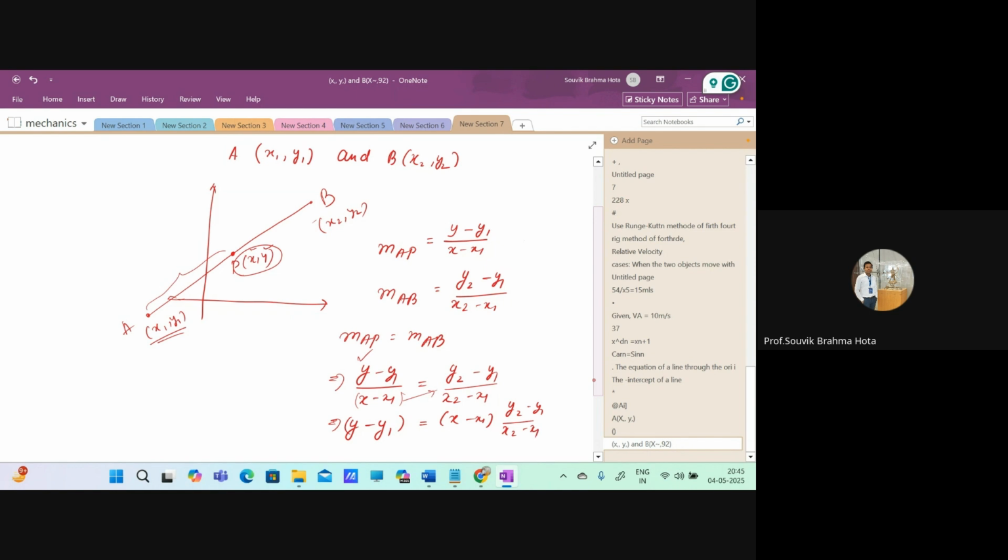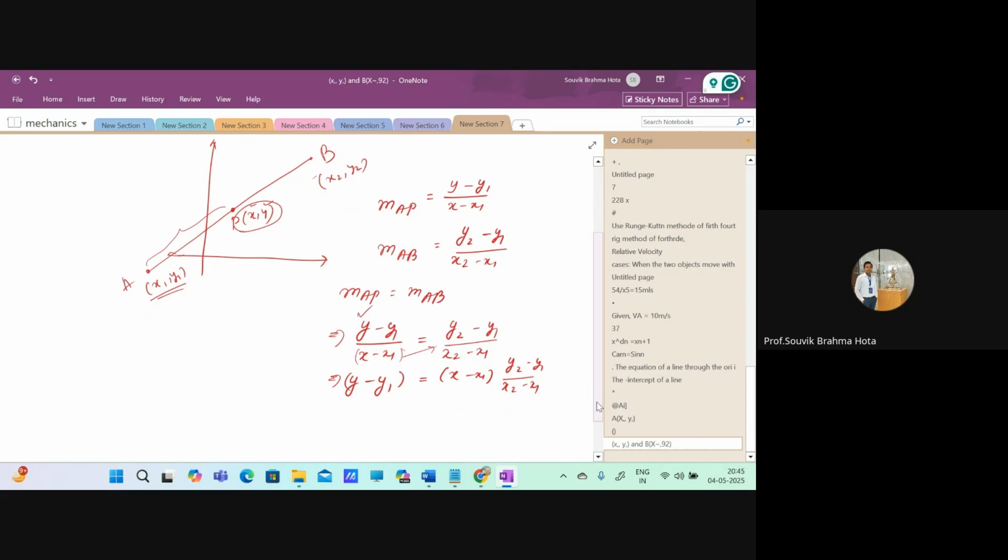Then you put the y term below, so all y's are on the same side: (y minus y1) divided by (y2 minus y1) equals (x minus x1) divided by (x2 minus x1).